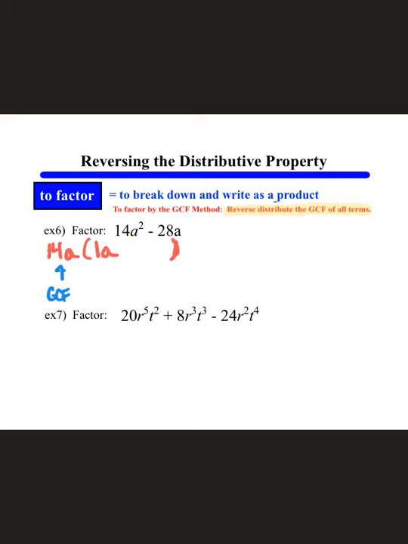Then I need to do the same thing with the negative 28a. So I'm going to keep the same sign, which is negative. And again, I want to divide 28a by 14a. If I take 28 and factor out 14, 14 times what gives me 28? That would be 2. The a that was there got factored out. I don't want to put another a here with the 2 because then when I multiply it by 14a, it would become 28a squared.